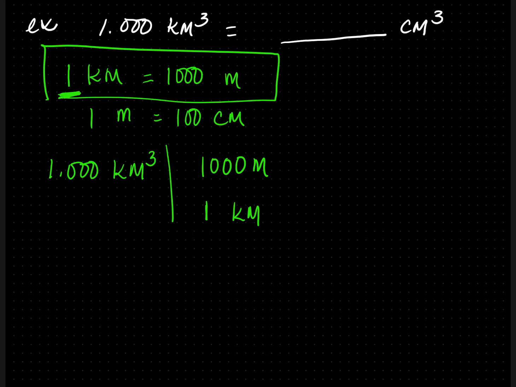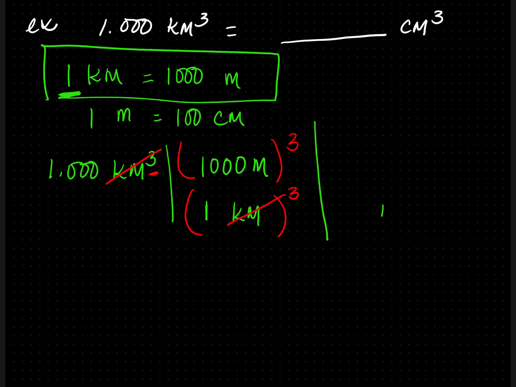Since the unit is cubed, I need to cube the number as well as the unit. If I do cubing on the bottom, I need to do cubing on top. So now my kilometers cubed cancels out. But if I leave it like this, I am left with meters cubed. I want my final answer in centimeters cubed. So I'm going to continue on.